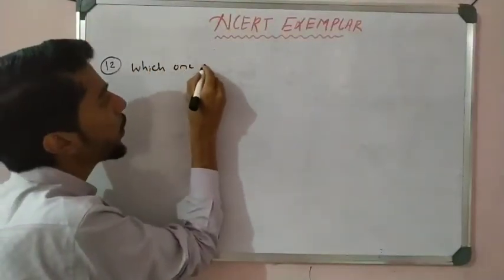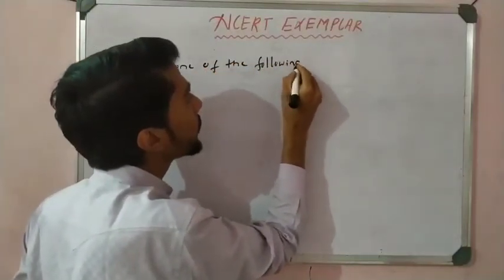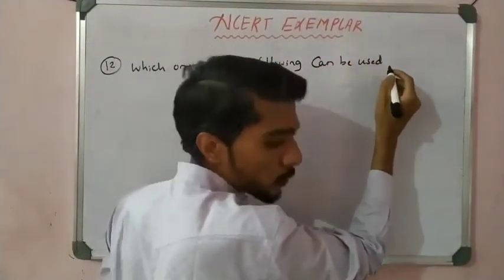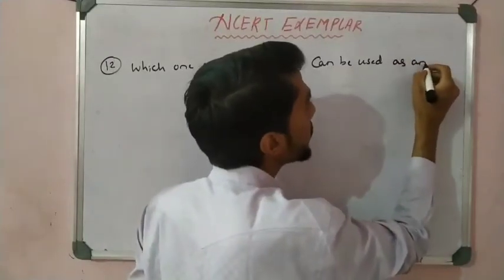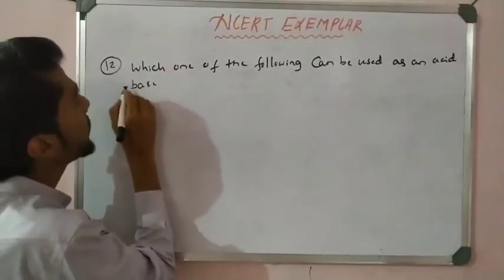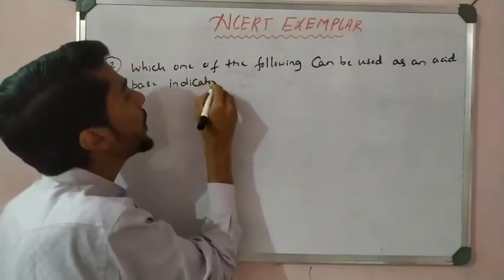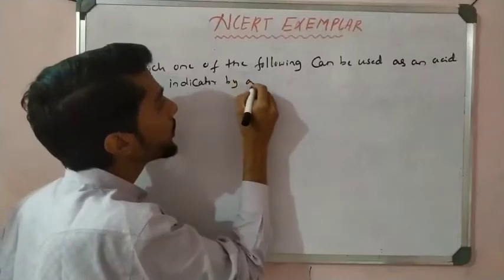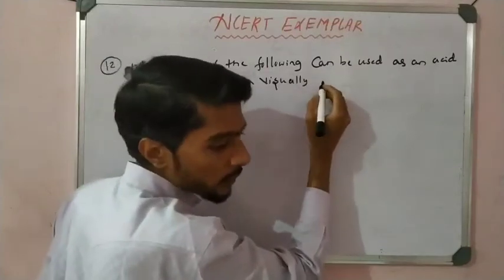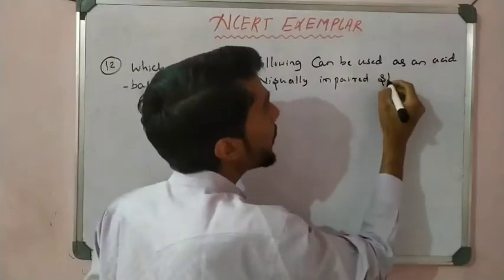Which one of the following can be used as an acid base indicator by visually impaired students, means blind students.